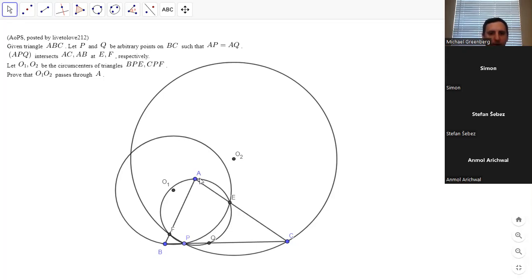So angle AFP is equal to angle AEQ because arc AP is equal to arc AQ. So that's probably going to be used somewhere. So AFP, I think, is equal to APB. I think BF times BA is BP squared. Well, no, that's not true by power of a point.